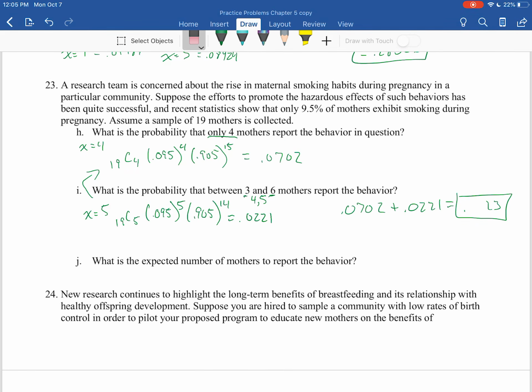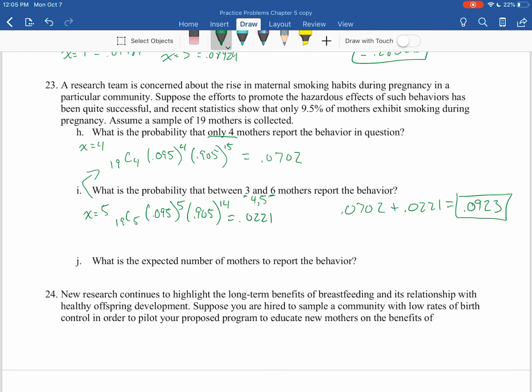That doesn't look very good. Let's try writing that again. 0.0923, or there's a 9.23% chance to find a probability between 3 and 6 mothers, which is the probability of 4 and 5 added together.